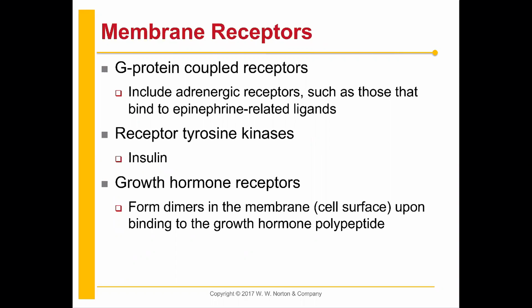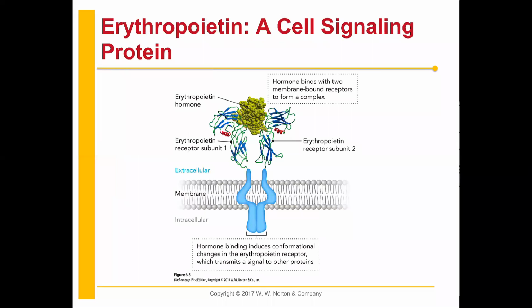These I'm going to show you a picture of, right? But once they bind to their ligands, they're going to form dimers inside the membrane. And once they form dimers, they can now propagate or transduce information throughout the cell. So here's an example. This is erythropoietin.